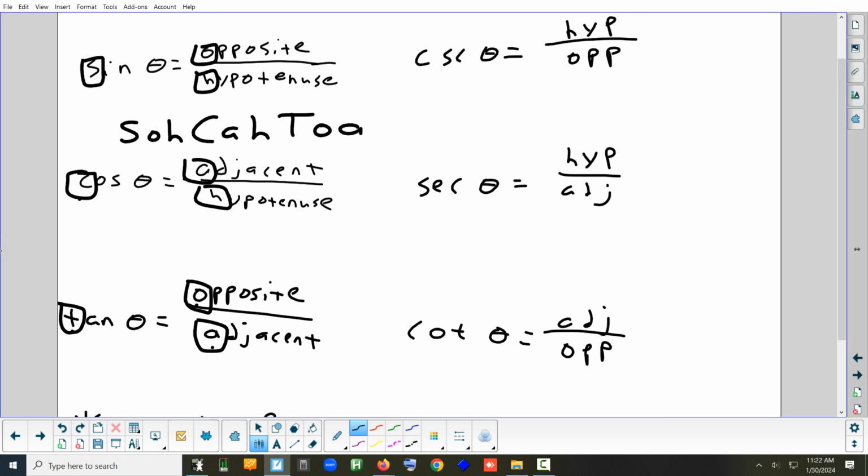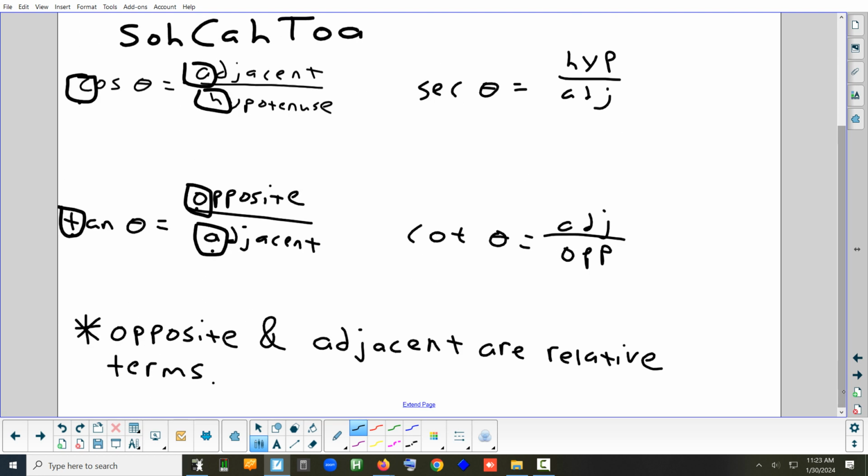But opposite and adjacent, those are what we call relative terms. Relative, or it's kind of like left and right. Those directions are relative to which way you are facing. So for me, left is the door, right's the window. For you, it's the opposite because you're facing a different way.